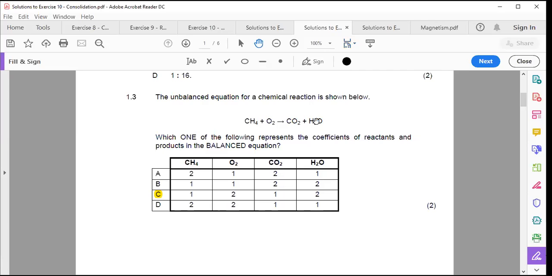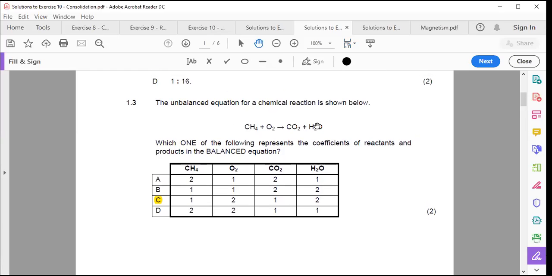You need to put a 2 in front of the water. Coefficient for water, you put a 2. If you put 2 here, what are you going to have here? Hydrogens will be 4. So 4 hydrogens on the left, 4 hydrogens on the right. Then by putting 2 on the water, it means your oxygen on the water is affected. So you're going to have 2.